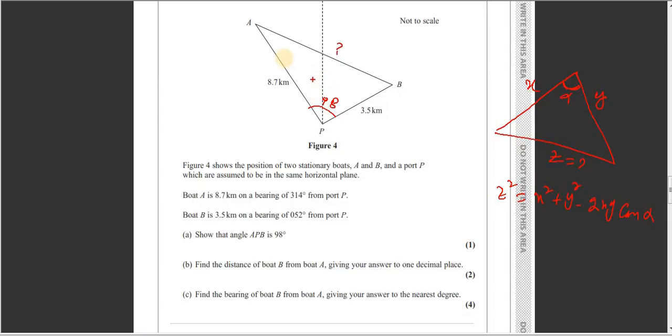We are going to use this in our triangle because we are given 8.7, 3.5 and the included angle.